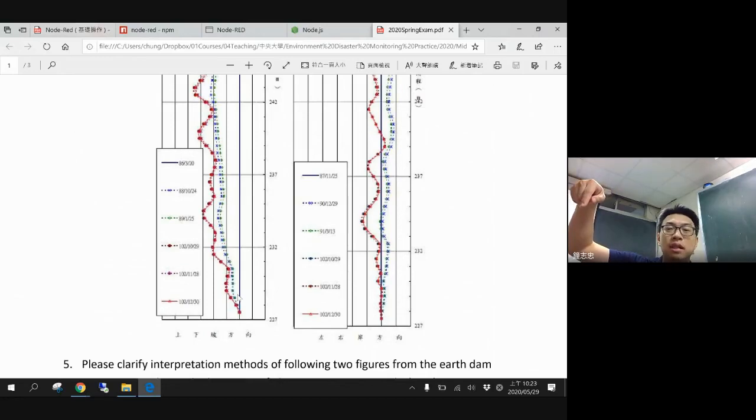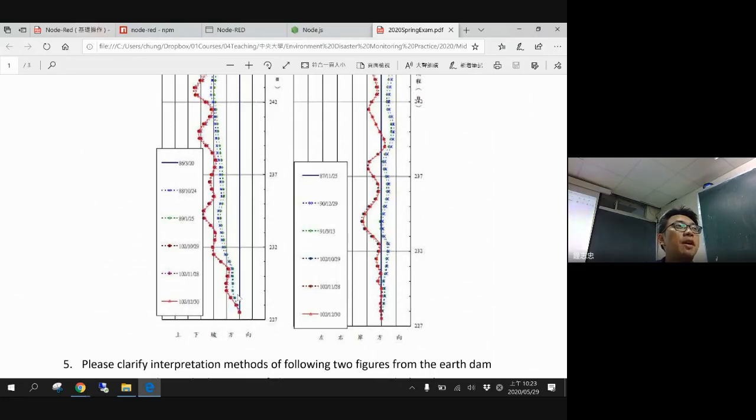And the second one, you can find some data not moving in the same pattern, a little bit random. So maybe this is from noise or from the uncertainty of the inclinometer. Okay, that will be the second problem. And the third one, you can find a little bit of an S-shape.